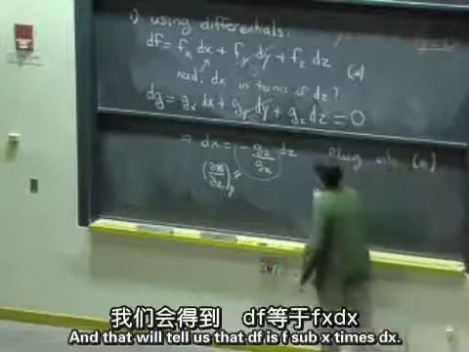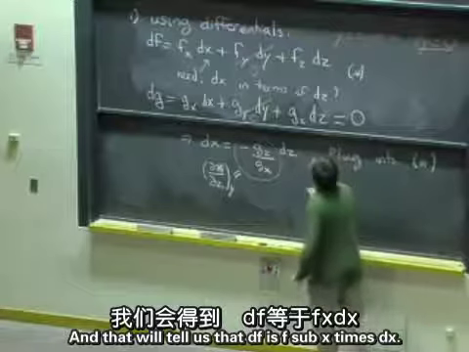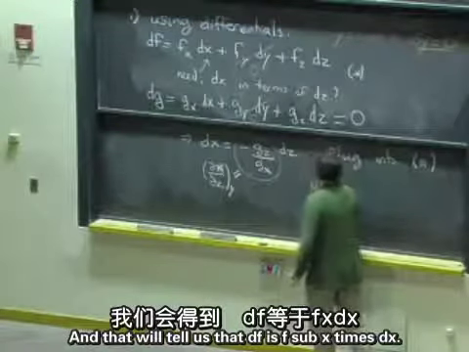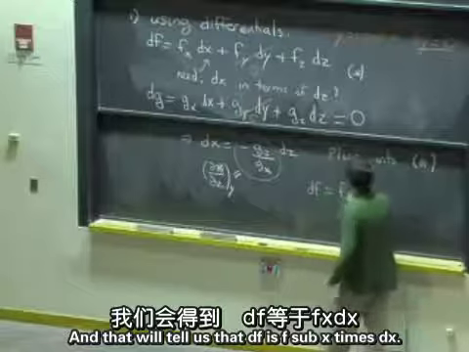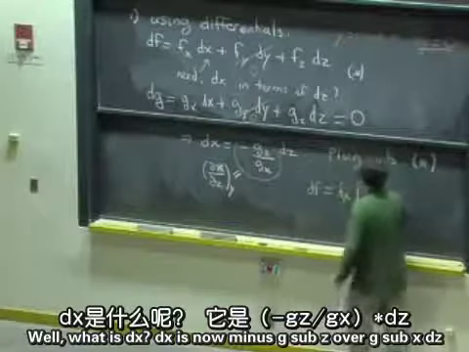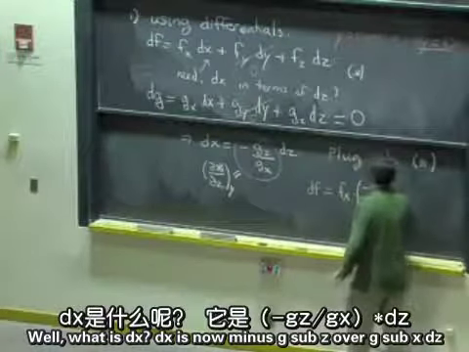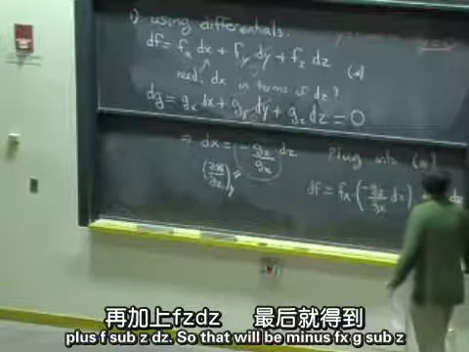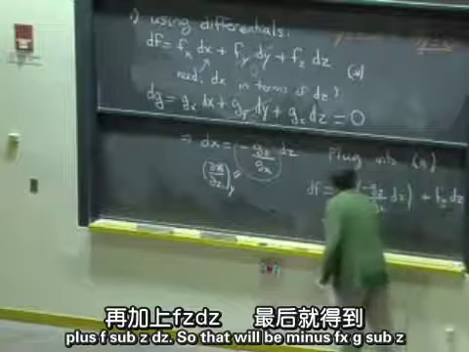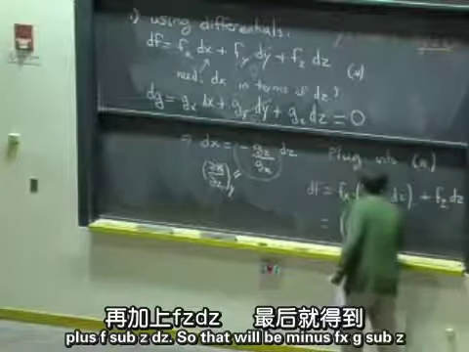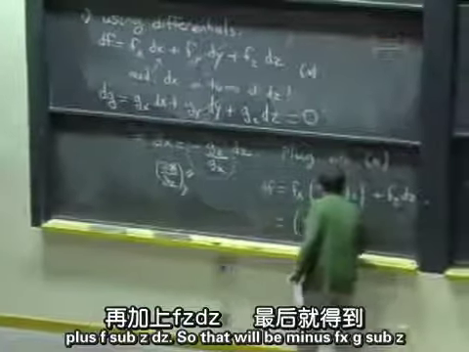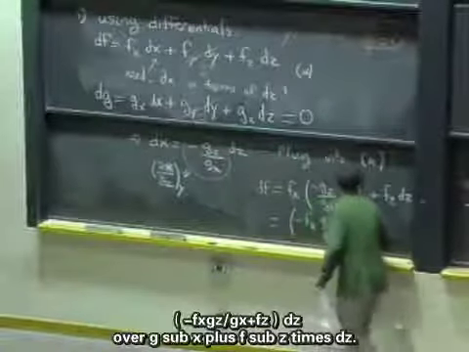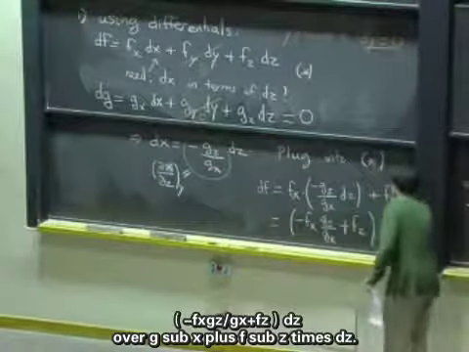That will tell us that df is f sub x times dx. What is dx? dx is now minus g_z over g_x dz, plus f_z dz. So that will be minus f_x g_z over g_x plus f_z, times dz.